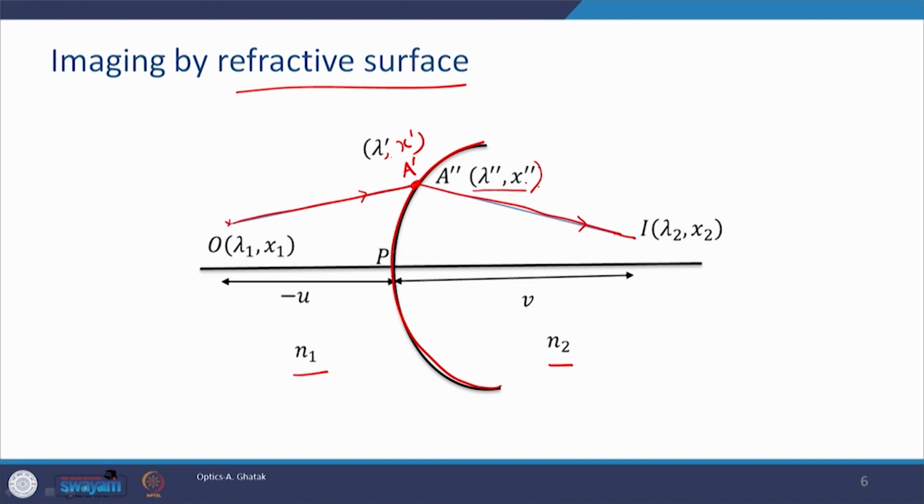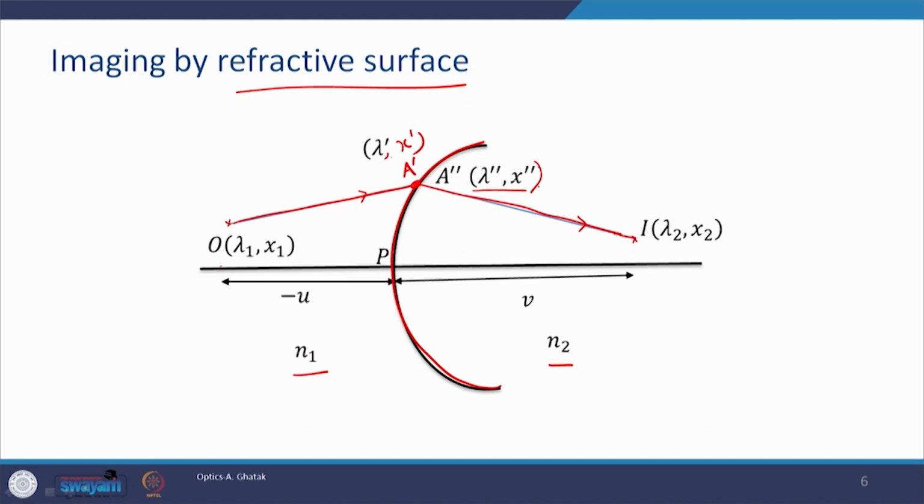After emerging at point A double prime, the ray undergoes a pure translation, and through translation it reaches point I, whose coordinates are lambda 2 x 2. I repeat, lambda 1 x 1, lambda prime x prime, lambda double prime x double prime, and lambda 2 x 2 are coordinates of O, A prime, A double prime, and I points respectively.